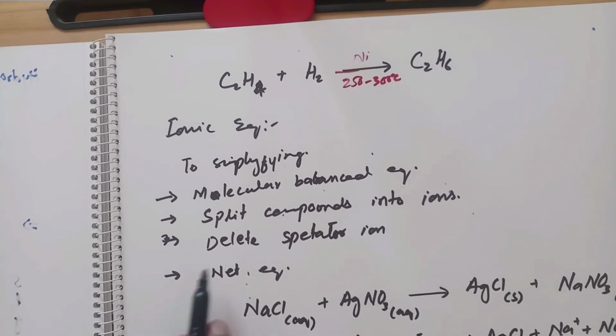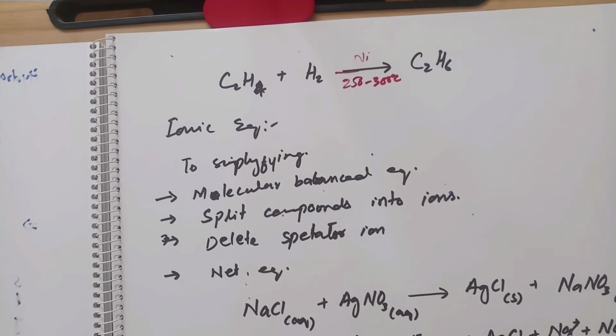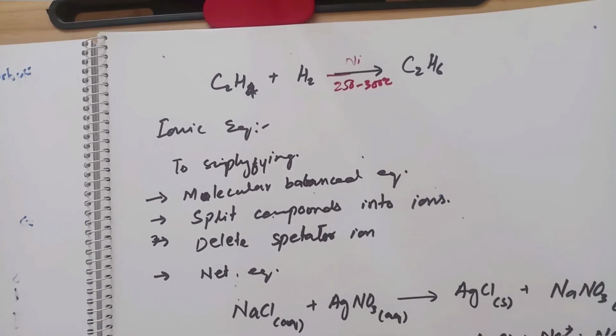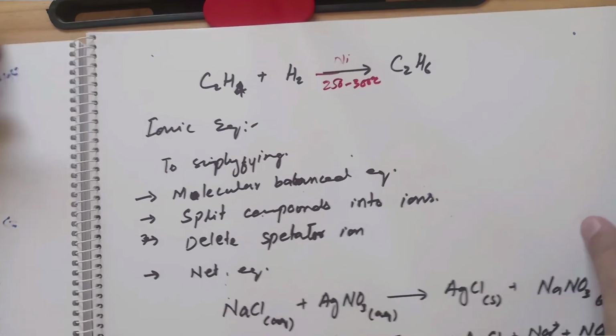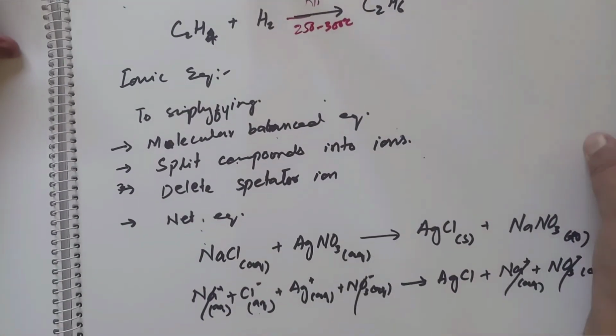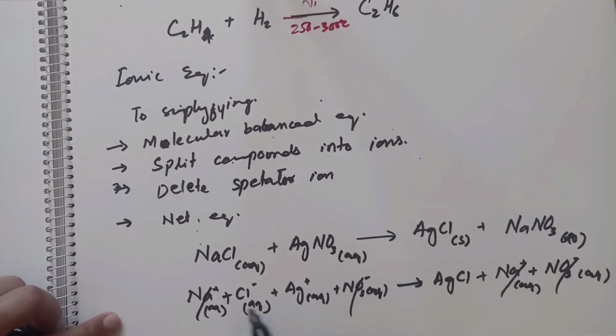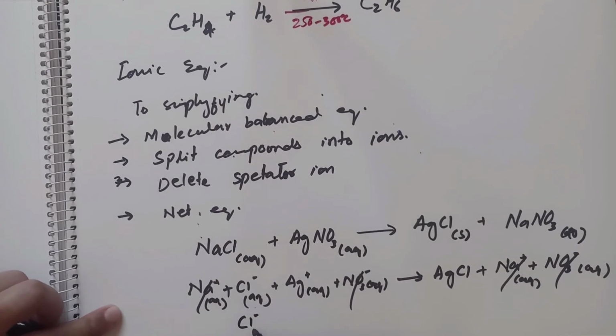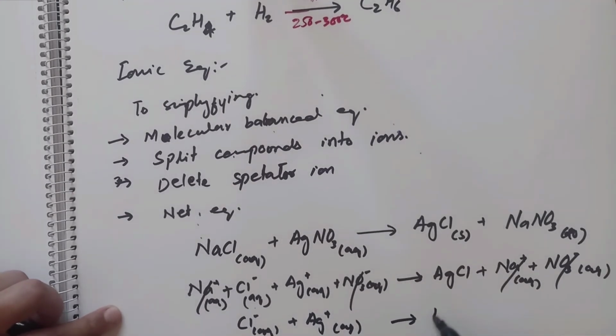The third step is to delete the spectator ions. Spectator ions are the same ions on both sides. So sodium is here, nitrate is here. These ions will cancel out with each other. Is it clear? So the remaining ions are the chloride ion, Cl, aqueous, plus the silver ion, Ag aqueous, which gives us AgCl.